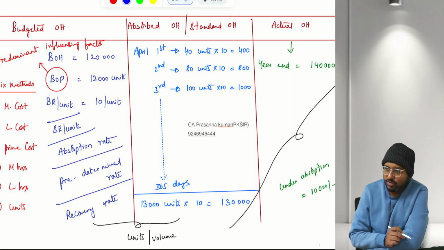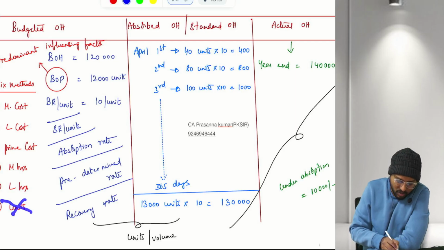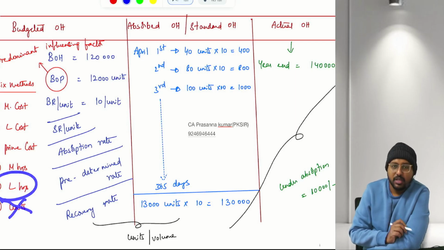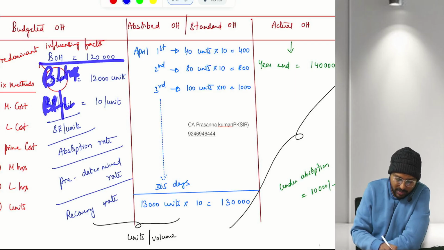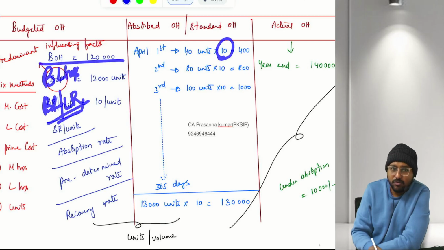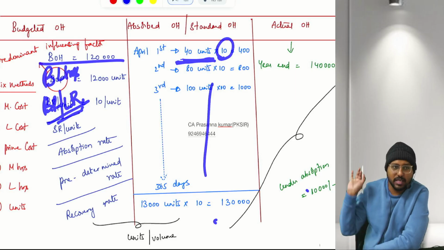Now, suppose it is not units, it is labor hours. Then how will the scenario change? Budgeted overheads divided by budgeted labor hours. You will get the budgeted rate per labor hour. And then this budgeted rate per labor hour will be multiplied with actual labor hours. Accordingly, the rest of the process is the same.